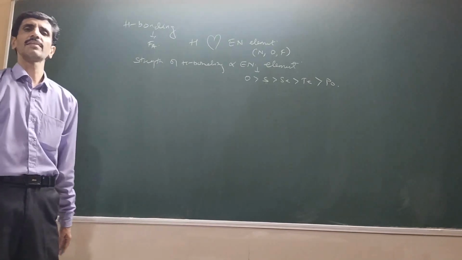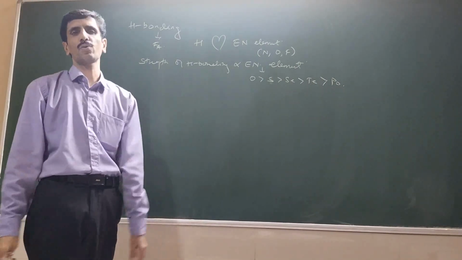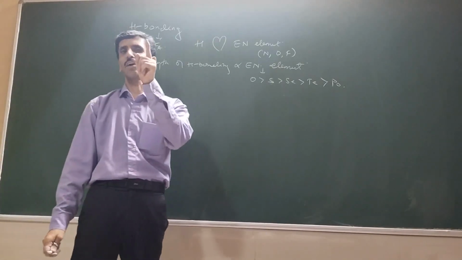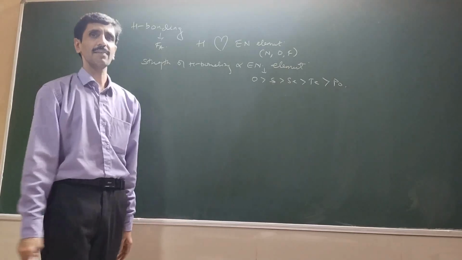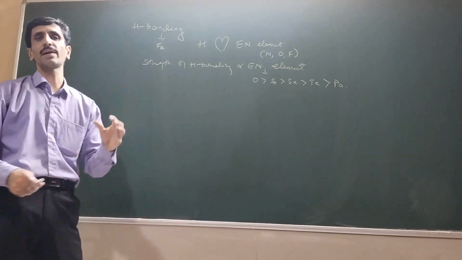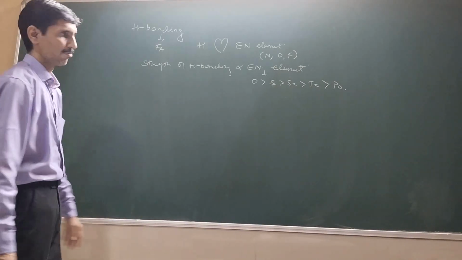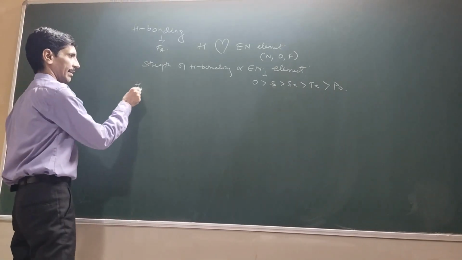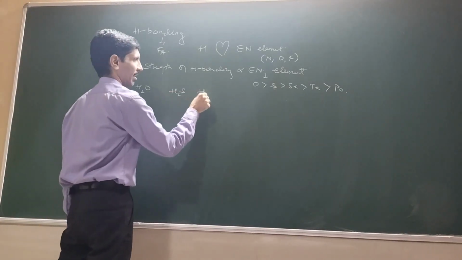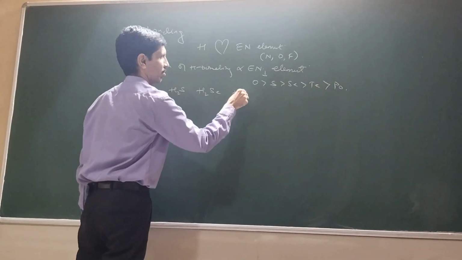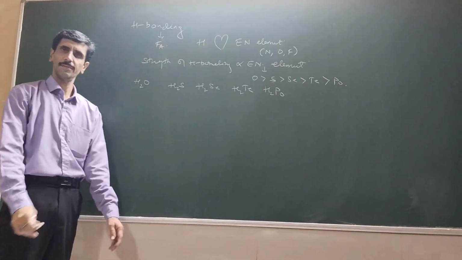Next thing is the general valency of these elements is 2. So 6 electrons in the outermost shell, 2 electrons less. So that will be covered by forming a covalent bond with hydrogen. And therefore all these elements will form hydrides in this formula: H2O, H2S, H2Se, H2Te, and H2Po. Okay, this is what we get.